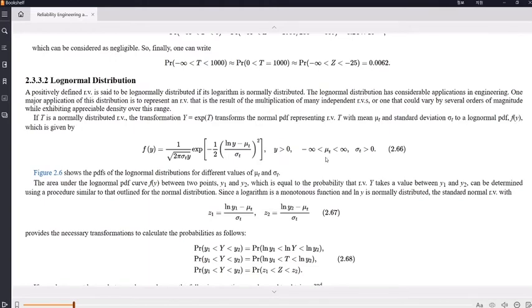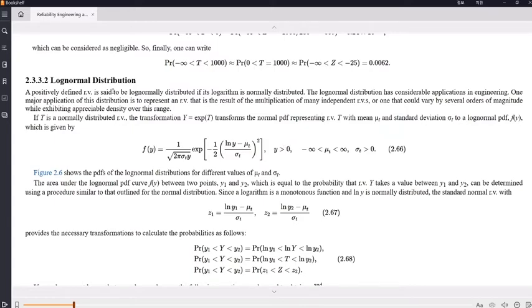It ranges from greater than 0 and can extend to infinity.